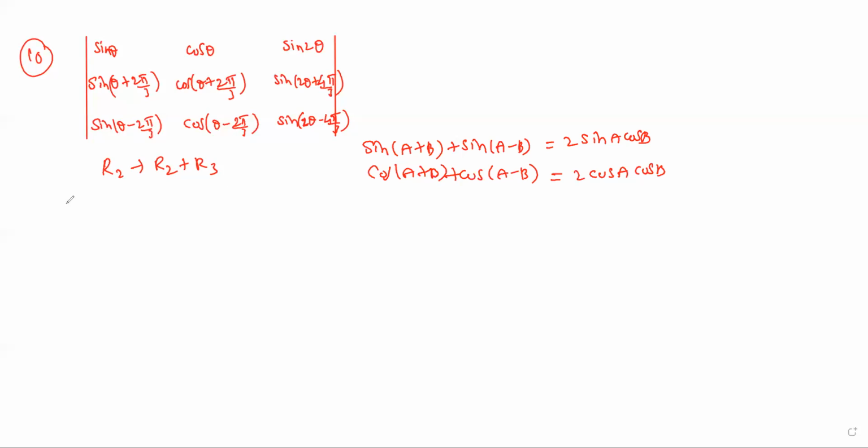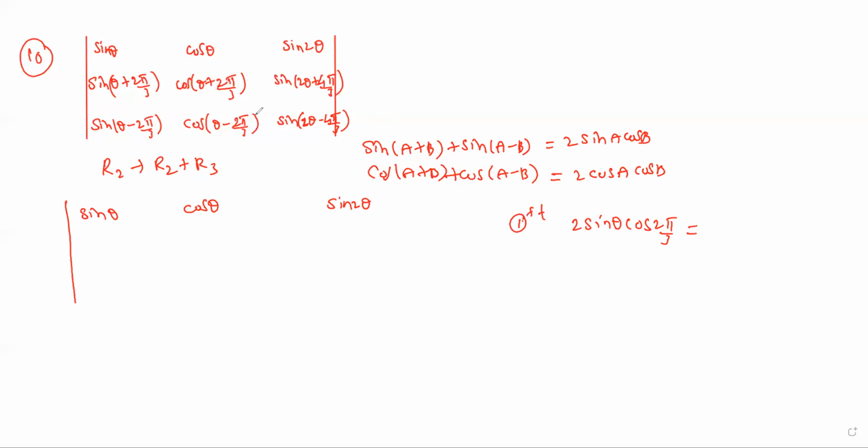While adding these terms, what do you get in the first element? 2 sine theta into cos 2 pi by 3, that means cos 120.